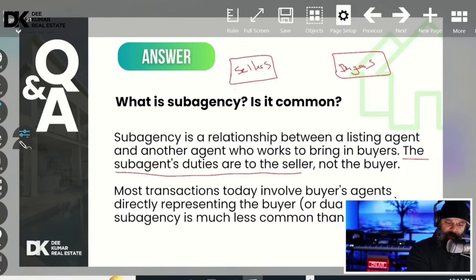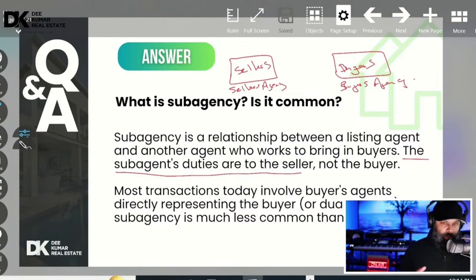One agent will represent the seller, like the listing company or the seller's agency, and another represents the buyer, a buyer's agency. By the way, they typically split the commissions. So we know that there's this grouping.